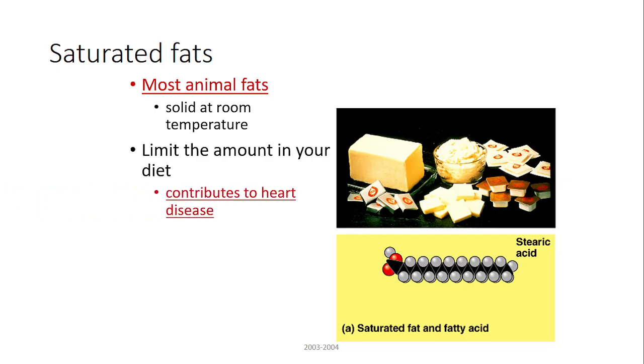The reason why you are limiting them in your diet is that they can contribute to conditions such as heart disease. Especially in recent years, a lot of people are experiencing heart disease and many cardiovascular diseases. This is due to the intake of too much saturated fat acid.